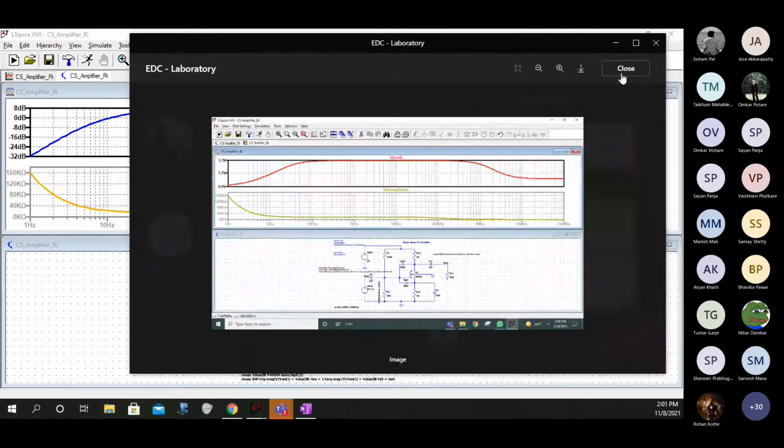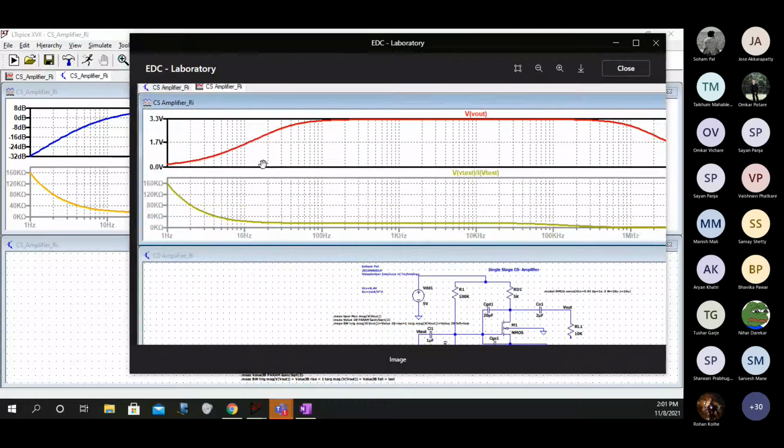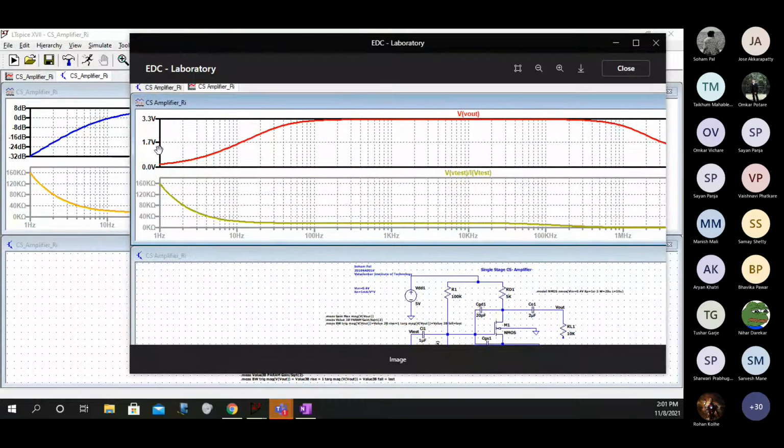A small change you have to do is go here, right click on this and convert it to dBs. The reason is I want to see gain in dBs, but I want to see resistance in ohms. If the two waveforms are plotted in two different traces, then you can change their units.